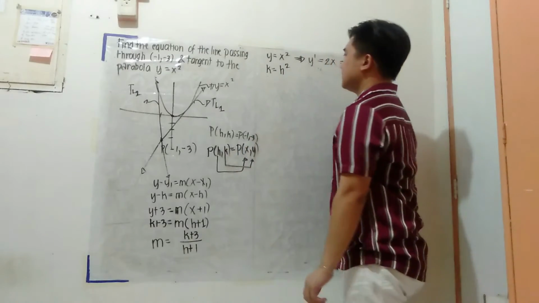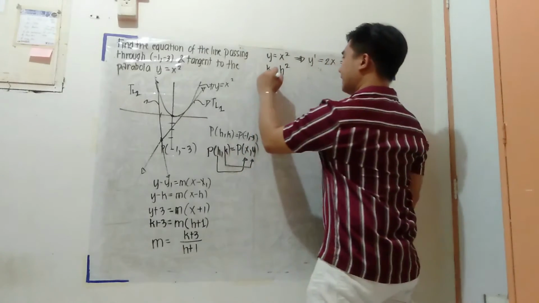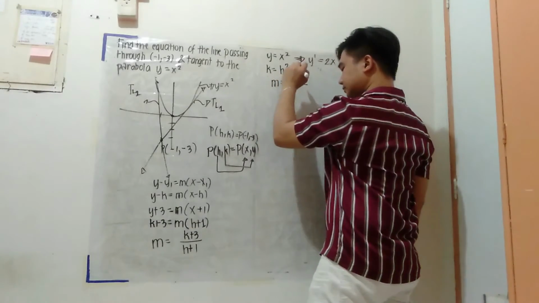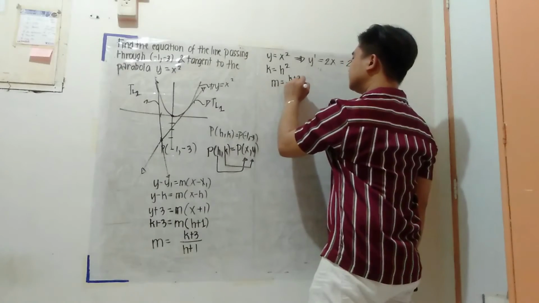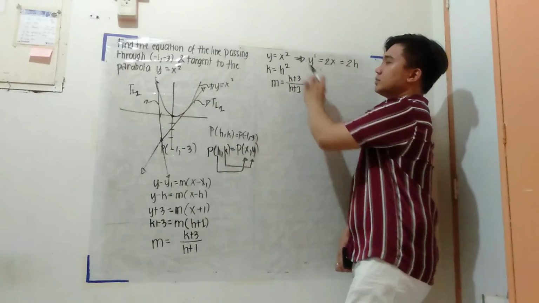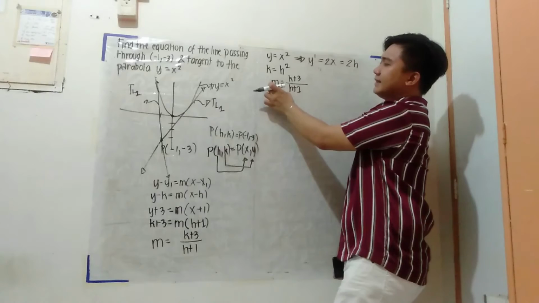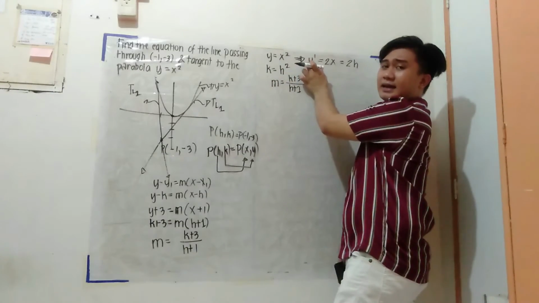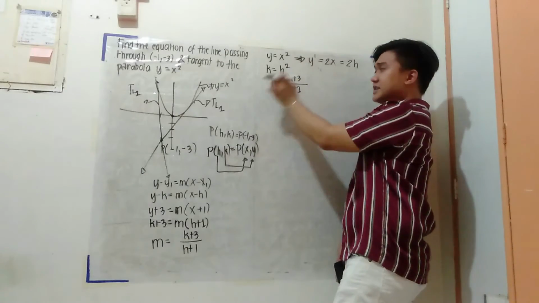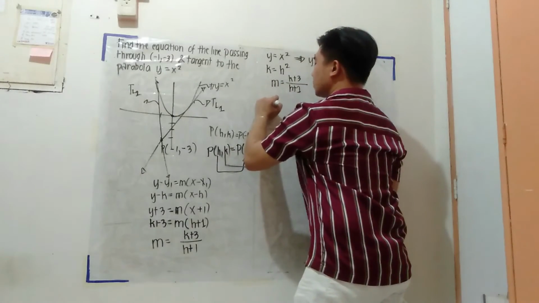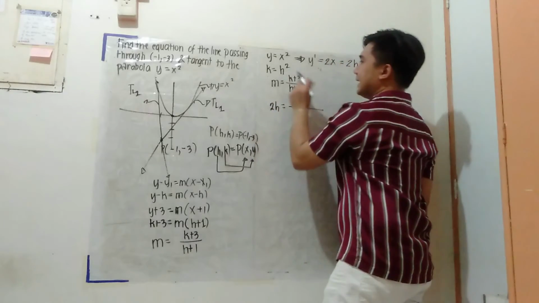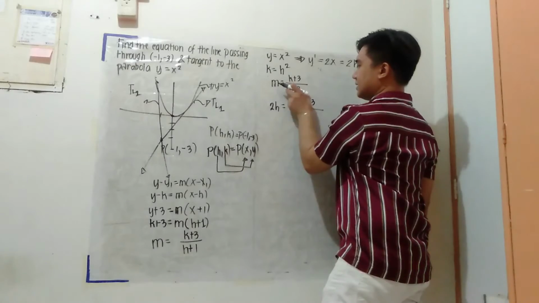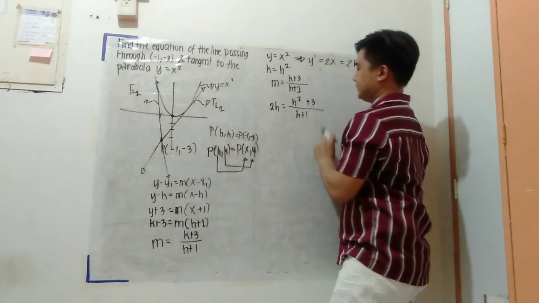Okay? So, given that m is equal to k plus 3 all over h plus 1, kailangan natin itong masimplify. Ang slope natin, may slope na ba? Wala pa. Pero may first derivative ka. Eh, di ba nga, ang first derivative ay siya mo din slope. So, m is 2h, k is h squared, plus 3, all over h plus 1.